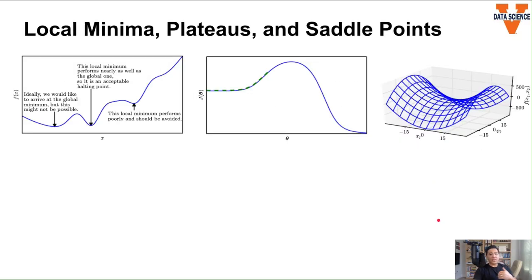Okay. So there are a few annoyances that happen in the optimization of neural networks, namely local minima.